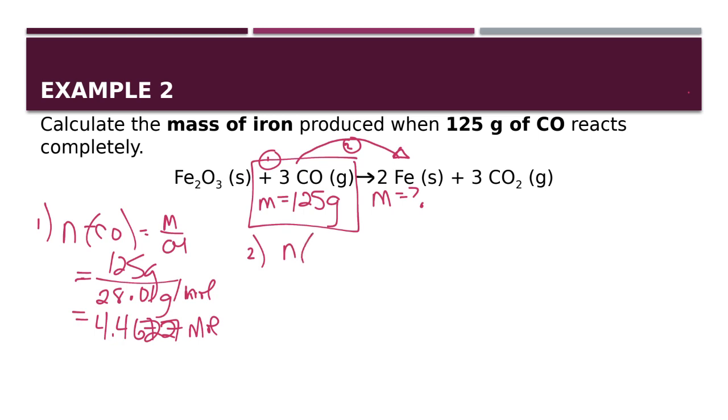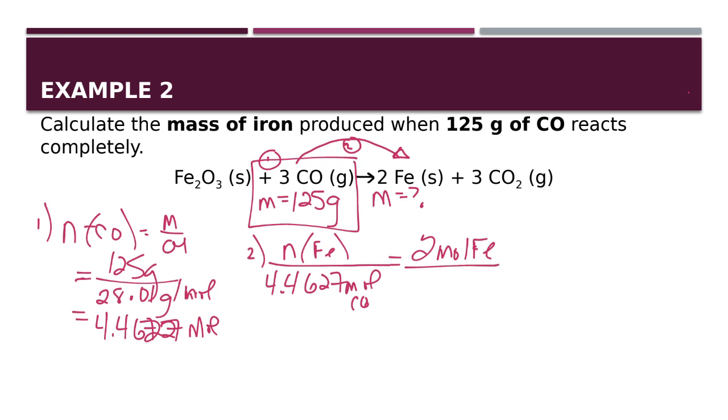So we set this up so that my unknown is in the numerator. I set it up so that my given or my known is in the denominator, 4.4627 moles of carbon monoxide. And then I equate that to the coefficients on the other side. So I'll make 2 moles of iron if I start off with 3 moles of carbon monoxide.